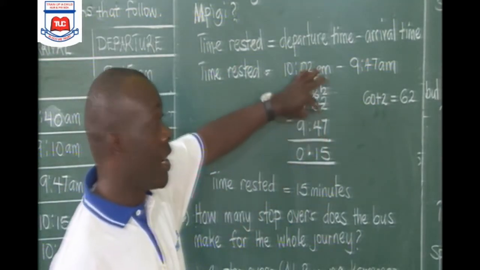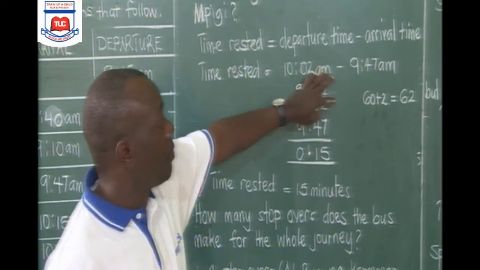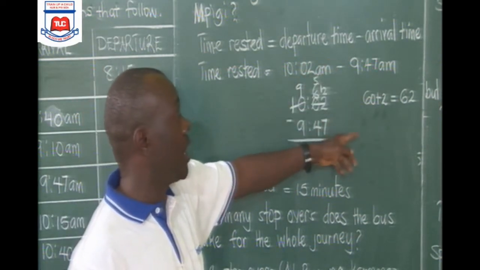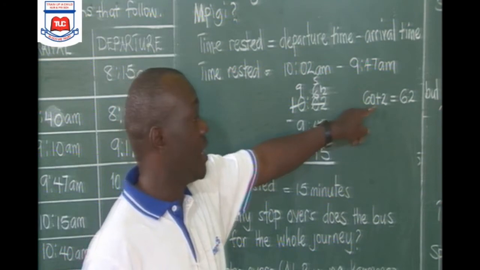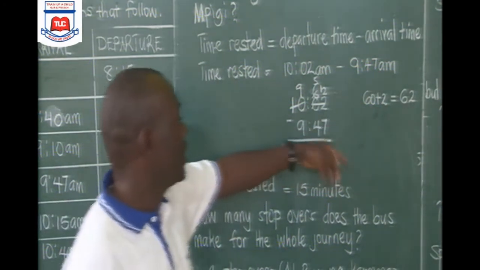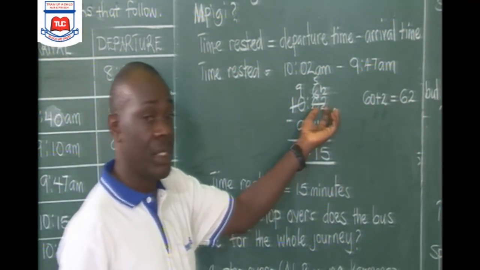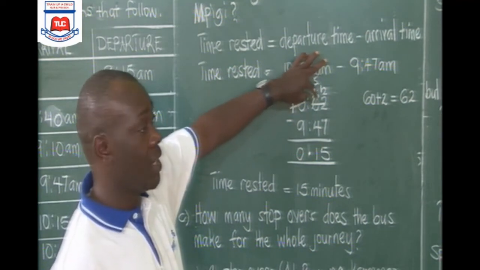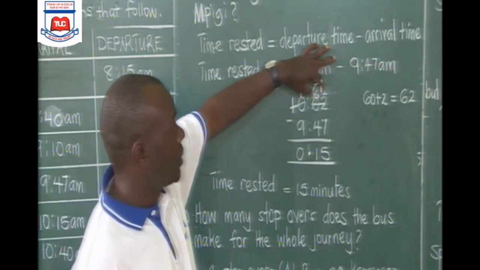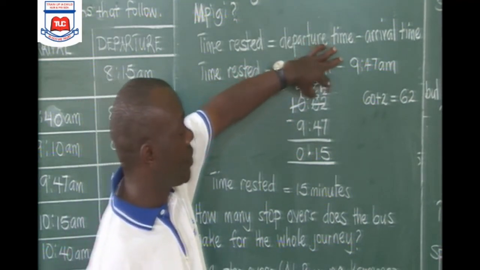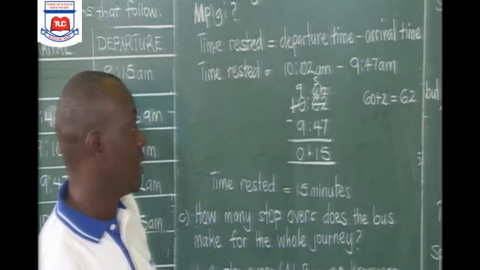So the fact being that we're helping the 2 minutes, we bring the borrowed 60 minutes onto 2 and get 62 minutes. So instead of 02, a replacement is going to be made of 62. Hence, on top of 62 minus 47 minutes.